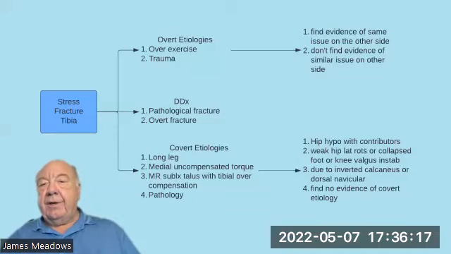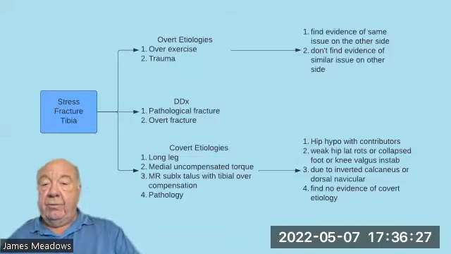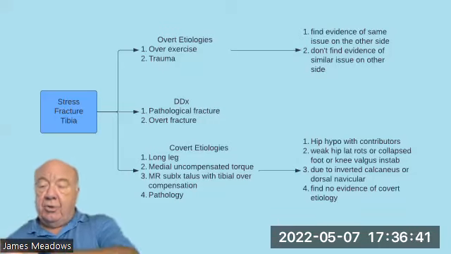Anyway, we can think about this in terms of overt etiologies or covert, hidden etiologies. Overt etiologies include stupid amounts of over exercising, and trauma. As I said previously, if you think there is simple over exercise, then find evidence of the same issue on the other side.